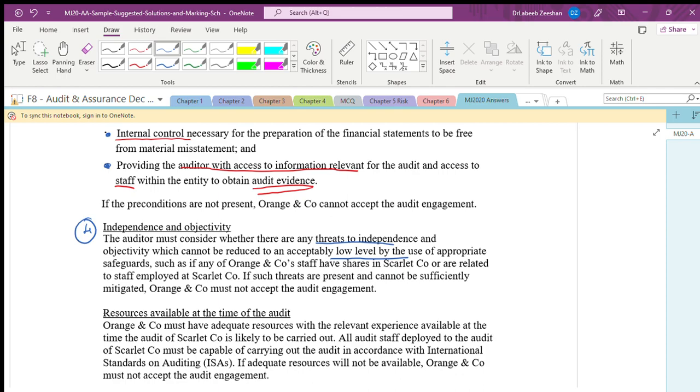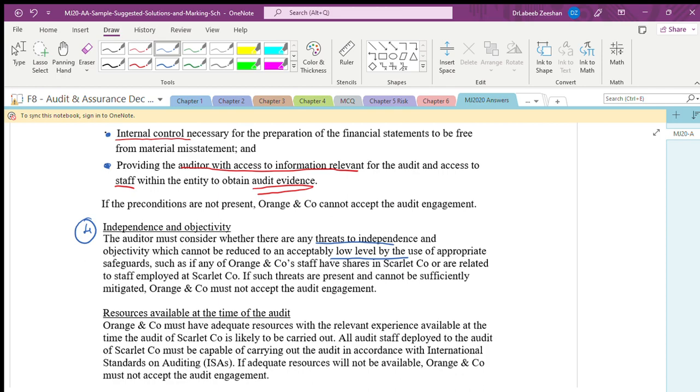Such as if any of the Orange staff has shares in Scarlet or is related to staff employed there, meaning any mutual understanding. Okay, mutual understanding is there. Definitely, what will happen? We say independence, objectivity, intimidation, is it right? All this will come into the picture. Then we cannot perform in a professional way.